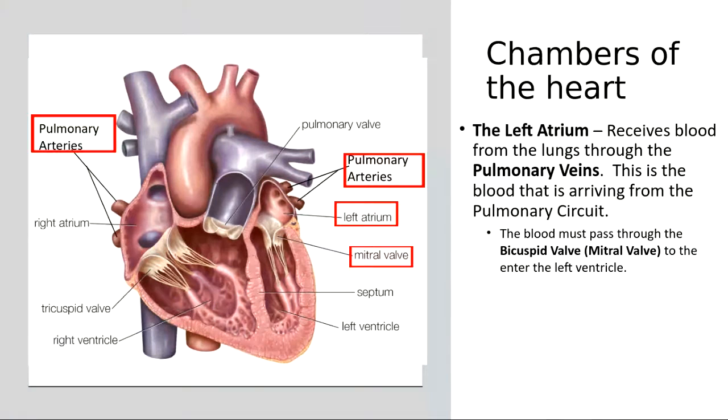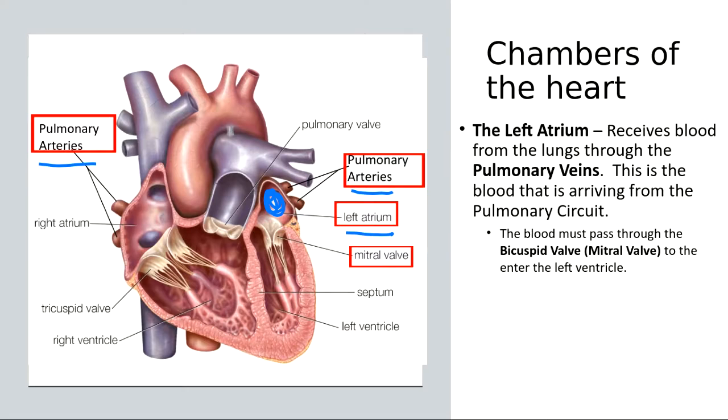Then, when the blood is coming back from the lungs, it's exchanged its carbon dioxide for oxygen. So now it's returning oxygen rich. And it's returning via the pulmonary veins, on each side. The pulmonary veins connect here at the left atrium.